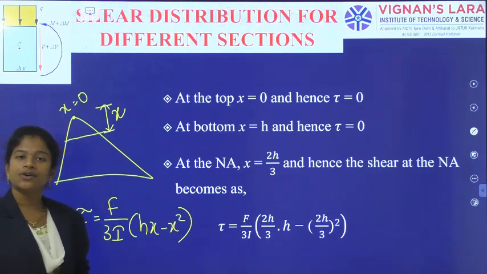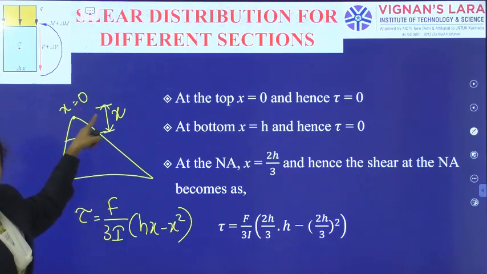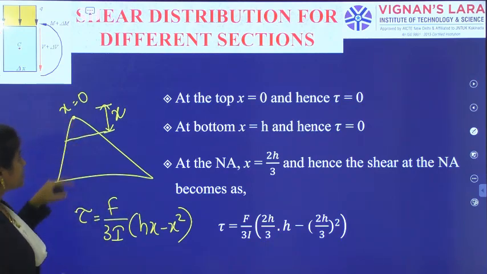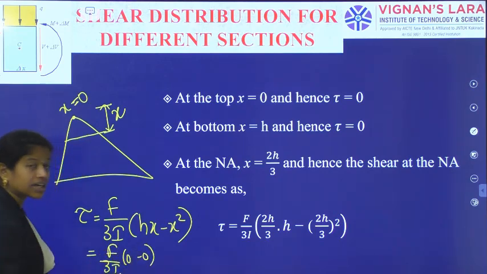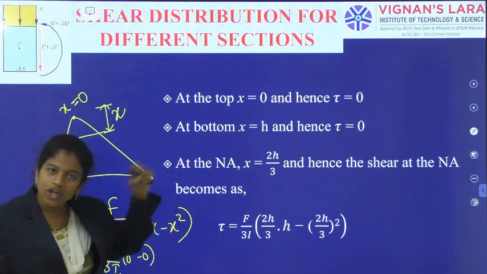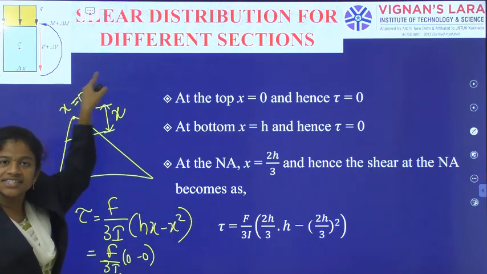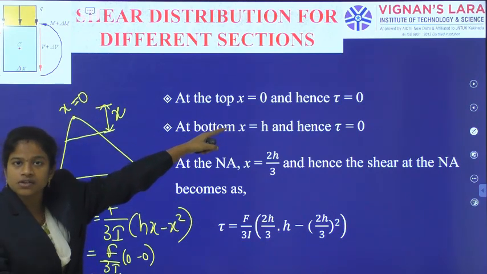At the top, that means x is equal to 0 level. Substituting, we get F by 3I into (0 minus 0), so the corresponding tau is equal to 0. As we already know, at the extreme top edge the shear stress is equal to 0. Cross check is also done.